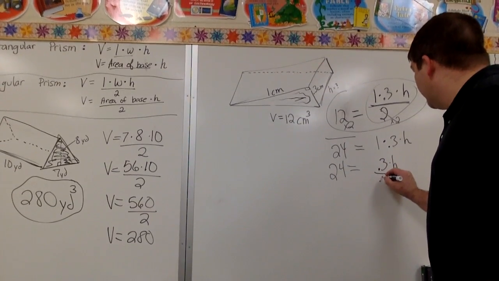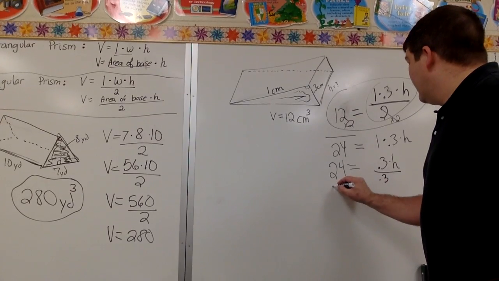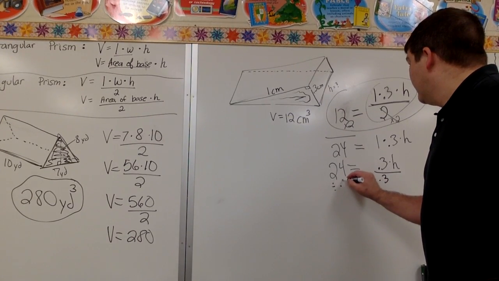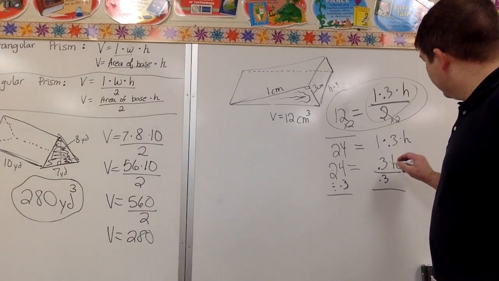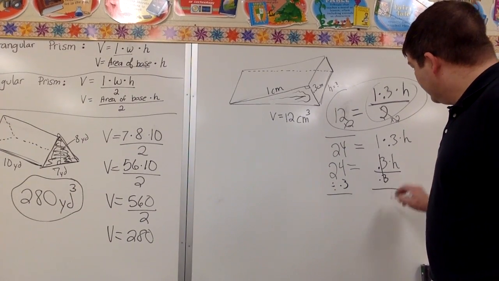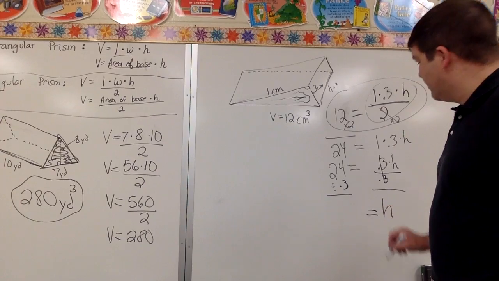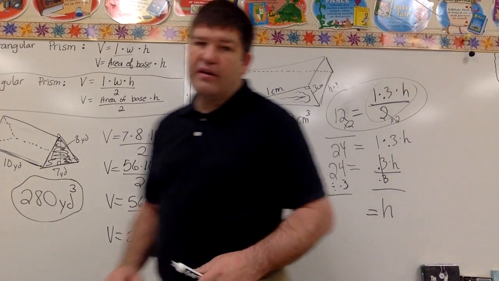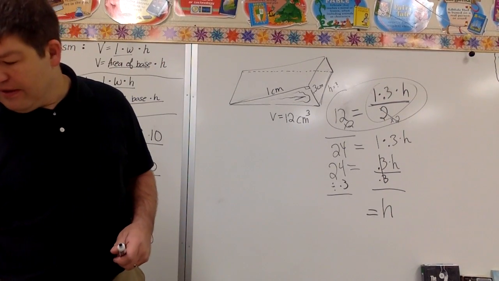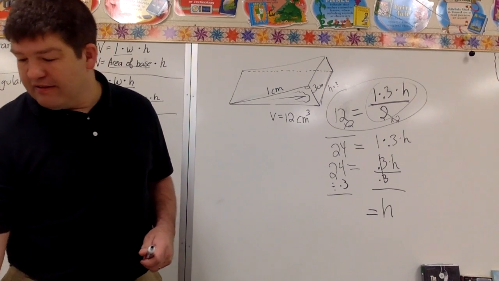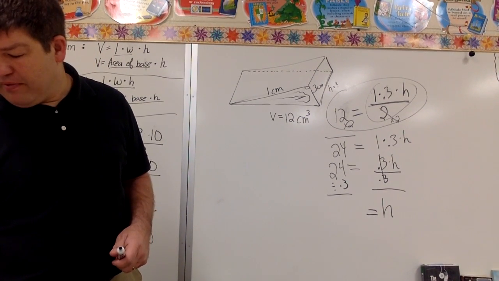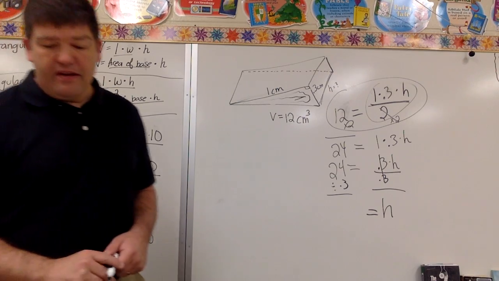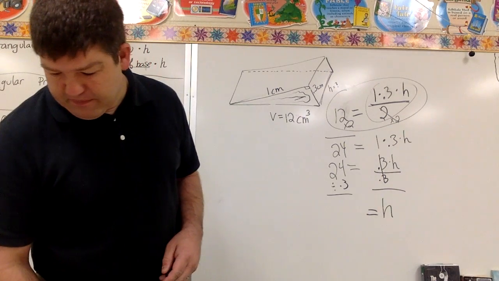Divide by 0.3. Okay? Now these two things equal 1, so it's just h equals 24 divided by 0.3. And you can use your calculator on this, it's much easier. 24 divided by 0.3 is going to get me 80.